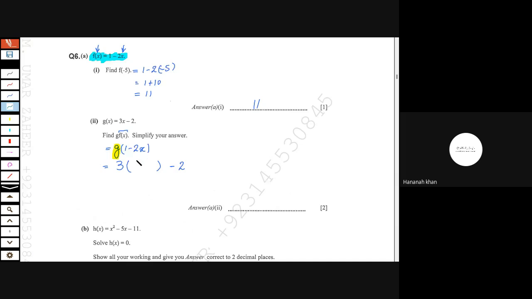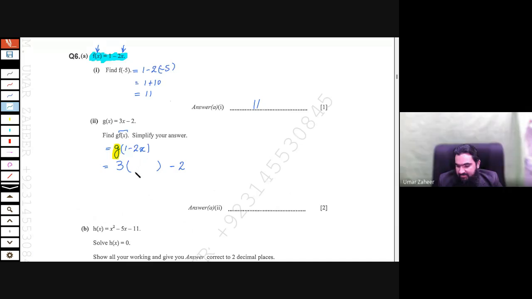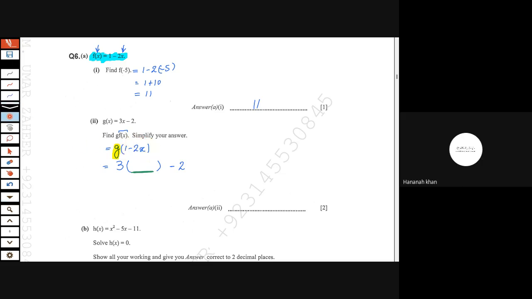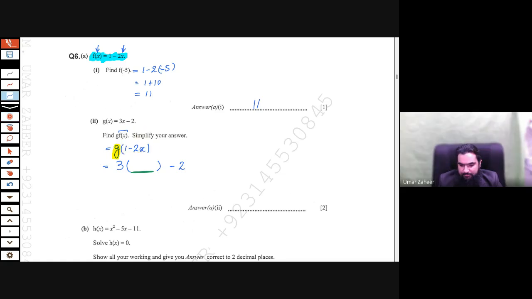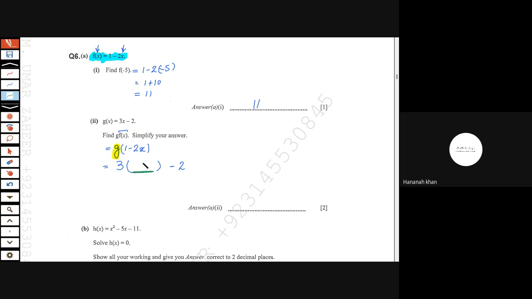What do we have to substitute at the place of x? What is inside f of x? 1 minus 2x.